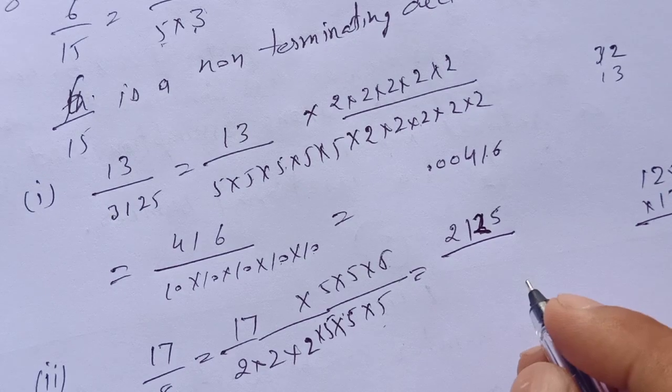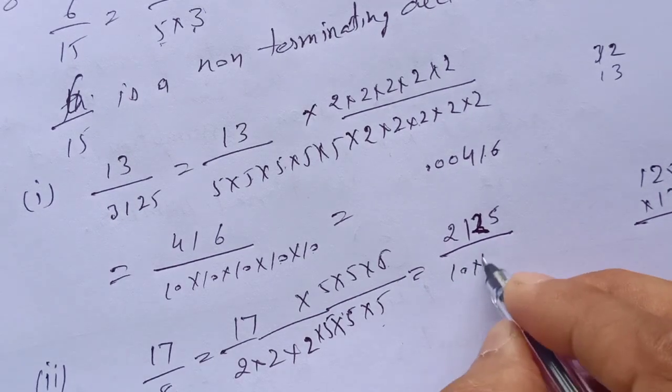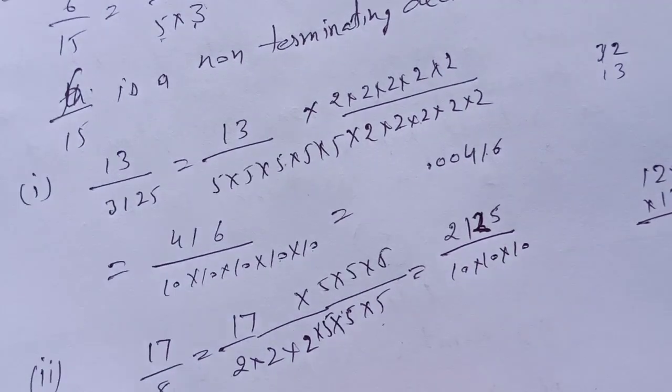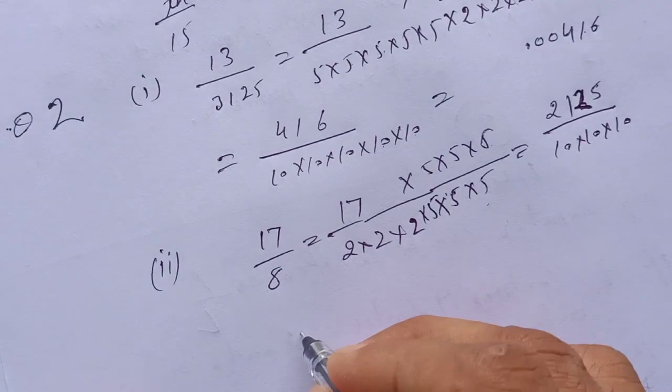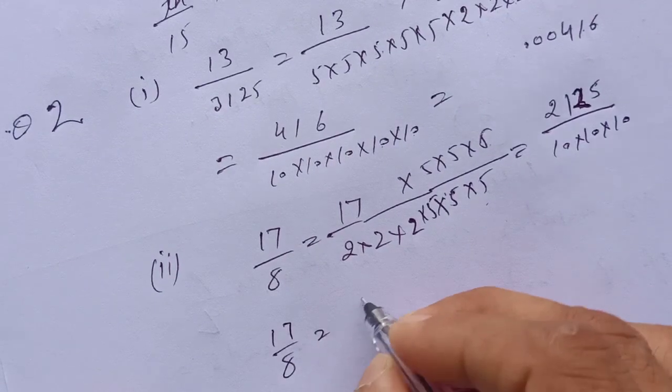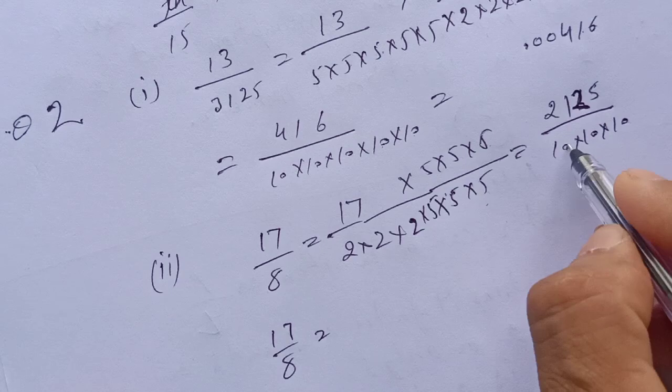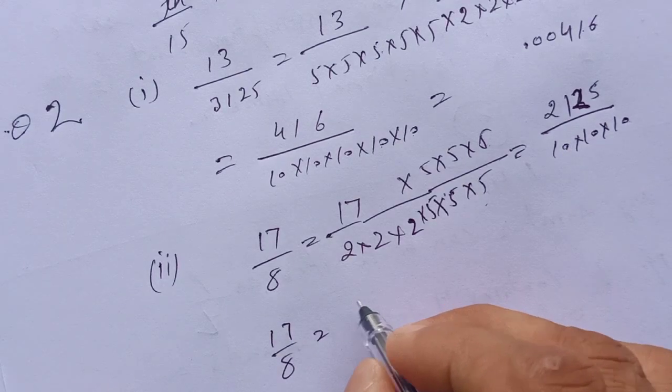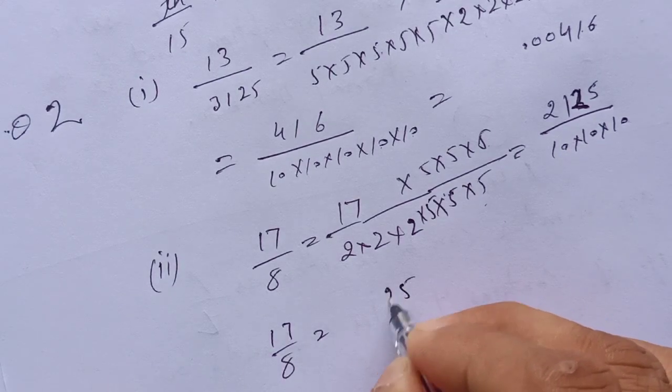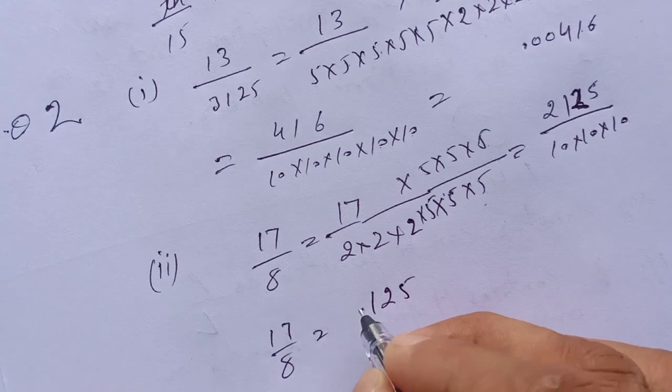Divide by 10 into 10 into 10, and this becomes 17 by 8 equal to 2.125, so we put the point after 3 digits.